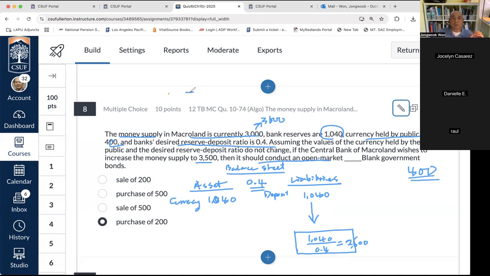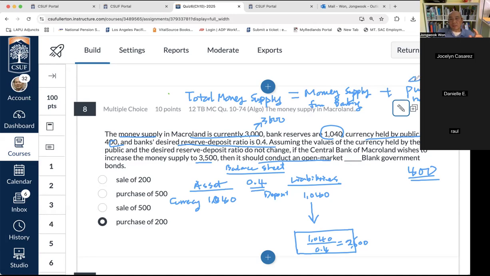So total money supply is money supply from the banking system plus pocket money held by the public.